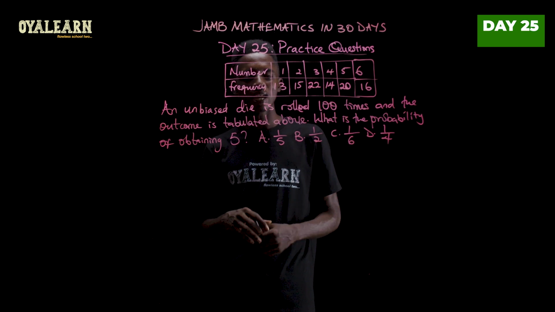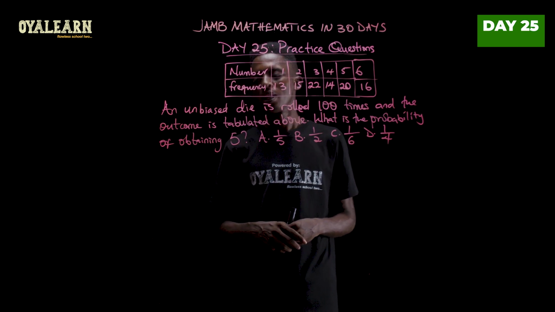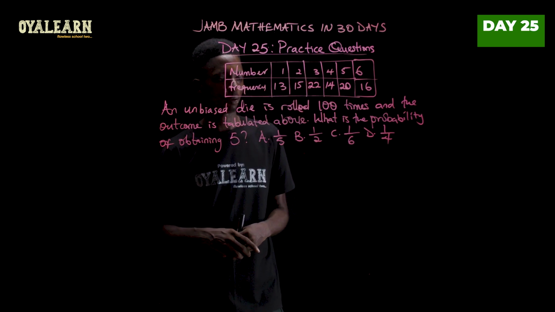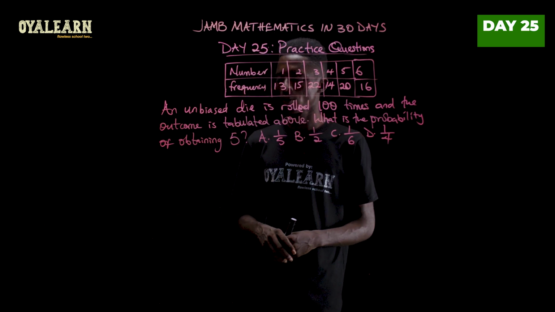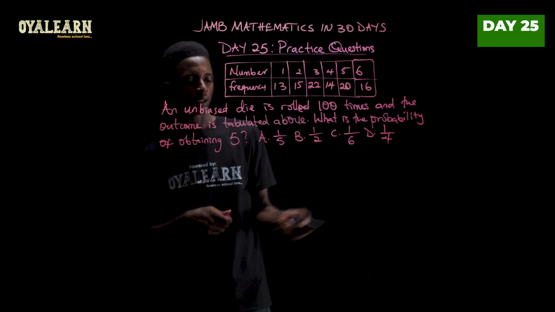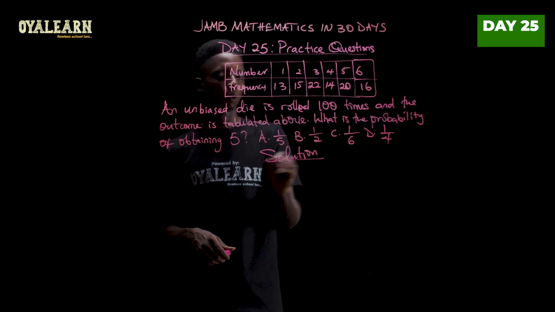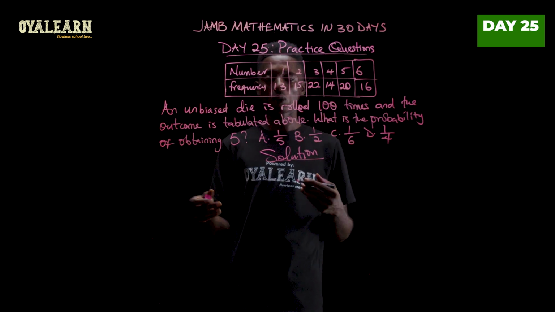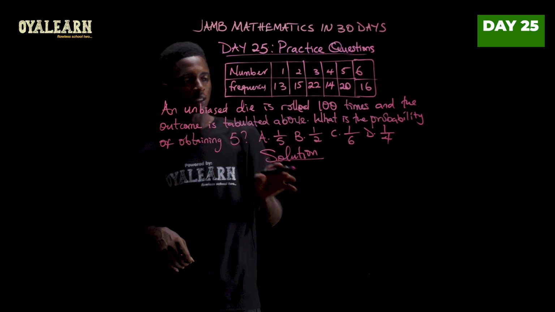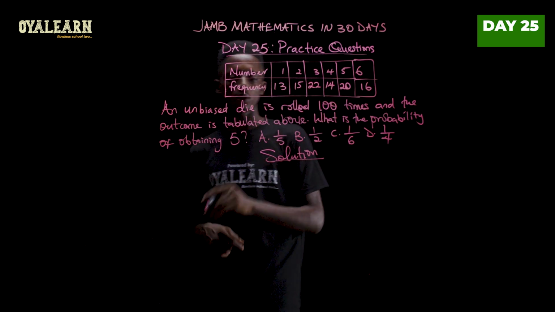An unbiased die is rolled 100 times and the outcome is tabulated above. So what is the probability of obtaining 5? If you want, you can confirm the sum of these to be 100. But we already told in the question that all of this sums up to 100.